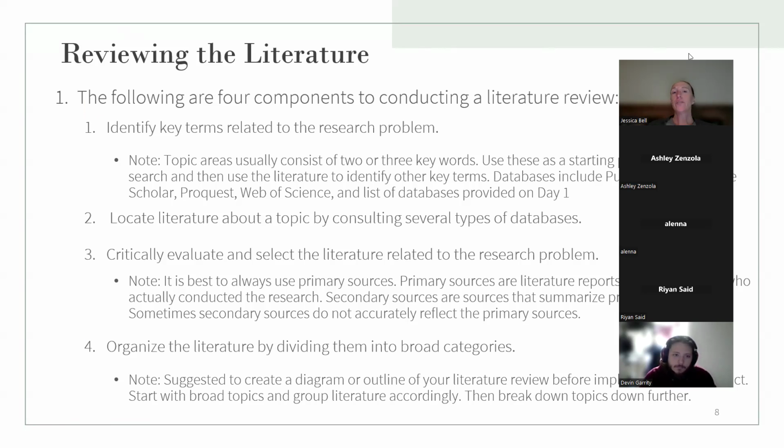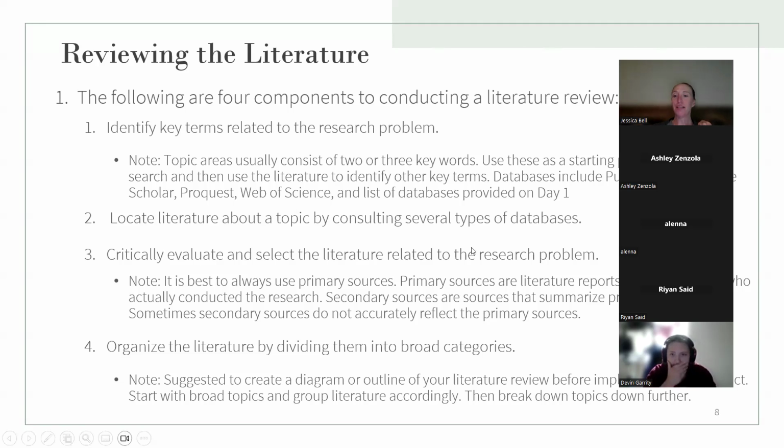For topic areas, you want two or three keywords, and don't forget to think about whether this is termed differently in different fields. A cardiology researcher might use different terms than an OBGYN who's also dealing with perimenopausal women. In that case, you want to know if there are synonyms, or words that mean the same thing.